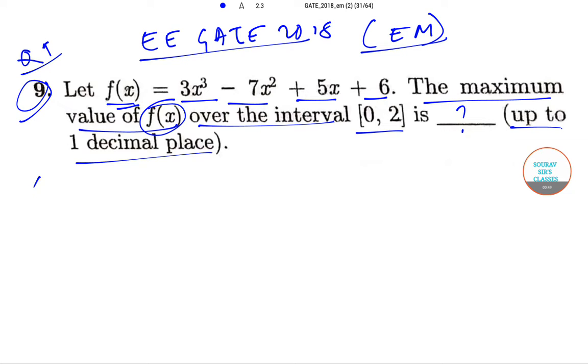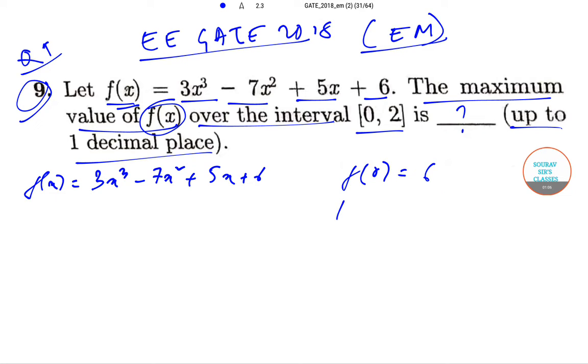We have been given that f(x) = 3x³ − 7x² + 5x + 6. Before proceeding with the problem, we will find f(0). f(0) is equal to 6. Let us find f(2). f(2) = 3 × 2³ − 7 × 2² + 5 × 2 + 6.